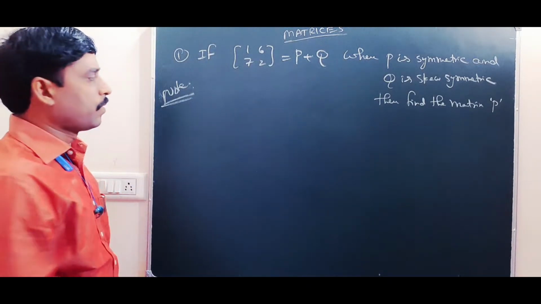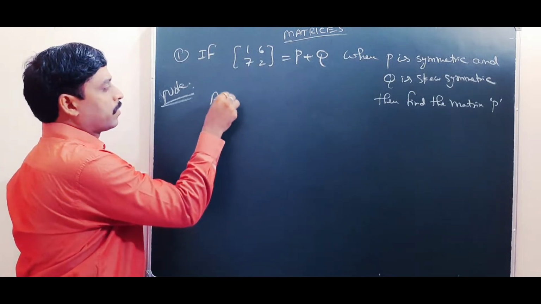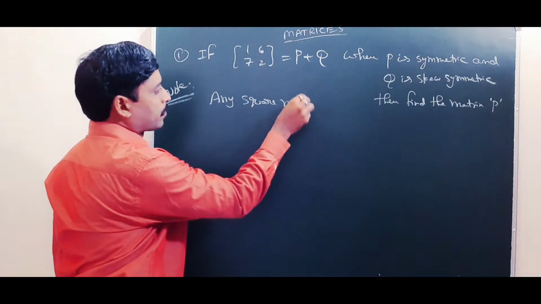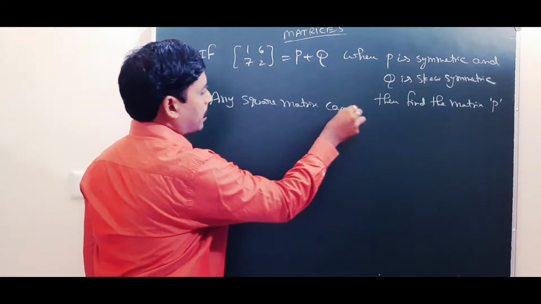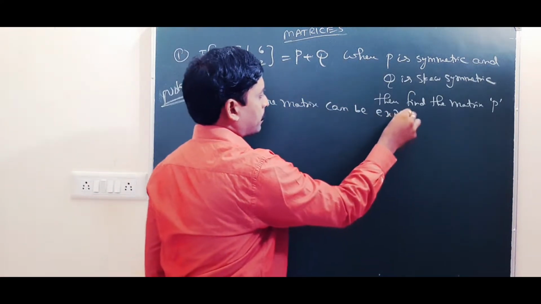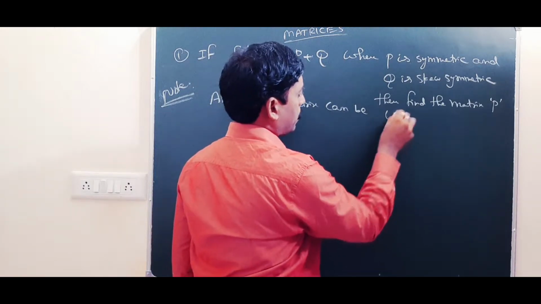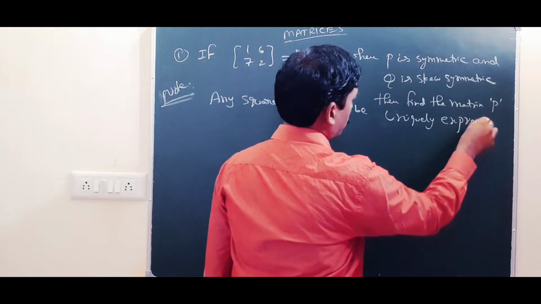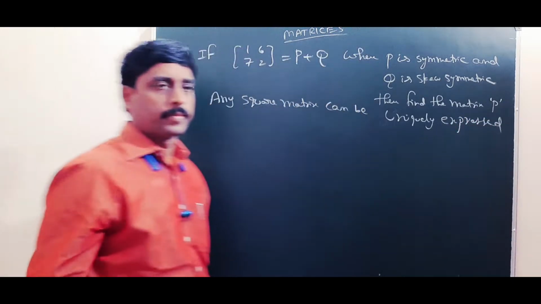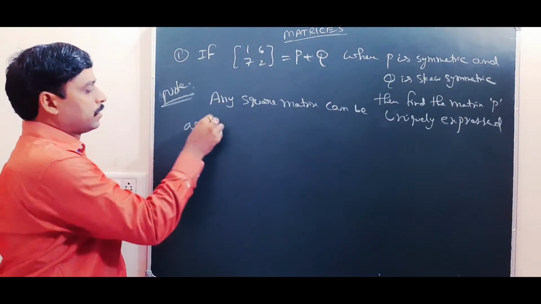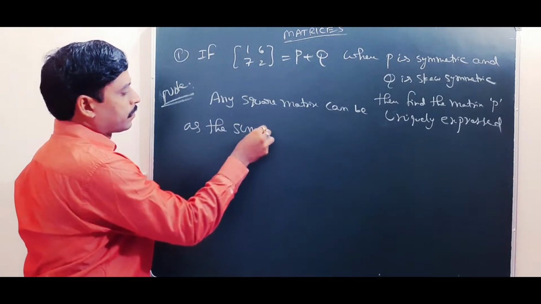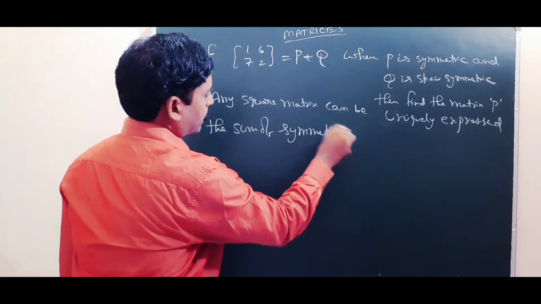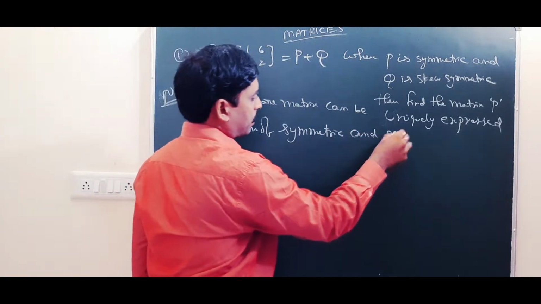I give an important point. Any square matrix can be uniquely expressed as the sum of a symmetric and a skew symmetric matrix.